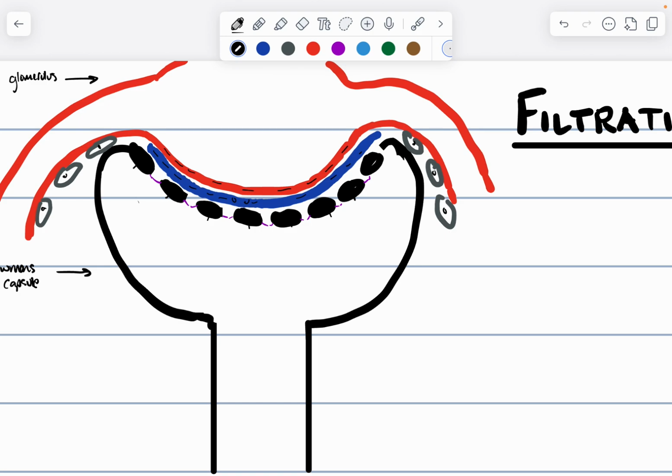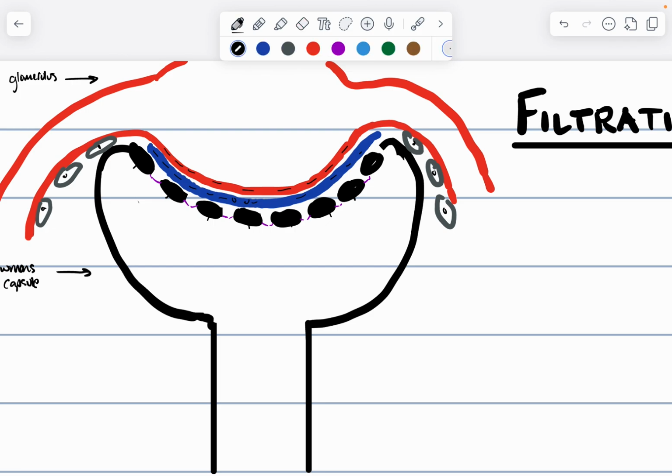They also have phagocytic tendencies, and they can secrete hormones like paracrine, which also affect filtration. But the biggest thing is they're similar to smooth muscle. They can contract and change the surface area, influencing filtration. So that's the first part of filtration.